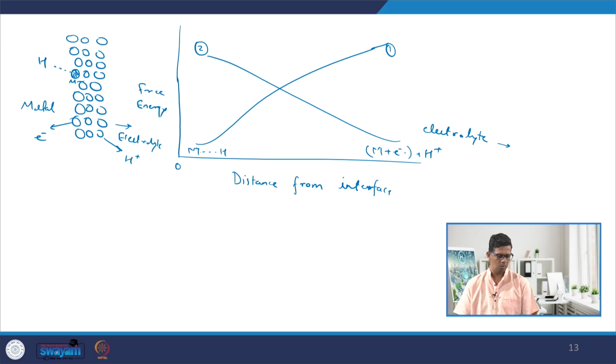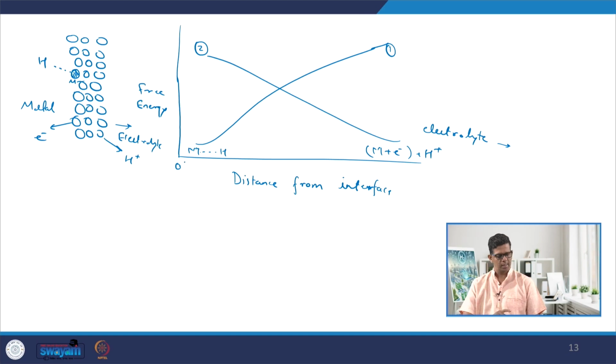So, as we move it from the electrolyte side to 0, which is the exact interface, we are bringing this proton near the metal interface or metal nanoparticles. Since protons are not very stable at the metal interface, their free energy will also increase. So, this is how the energy of the proton, or the product, will increase as H⁺ is brought near the interface.